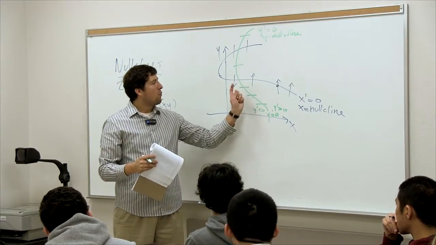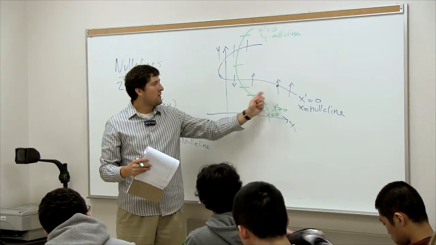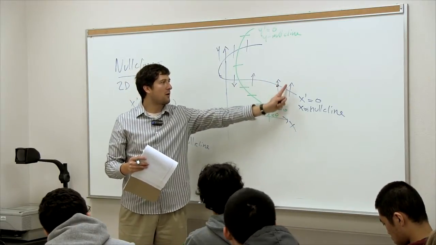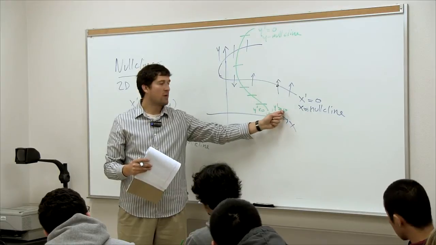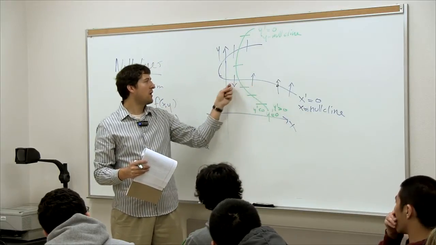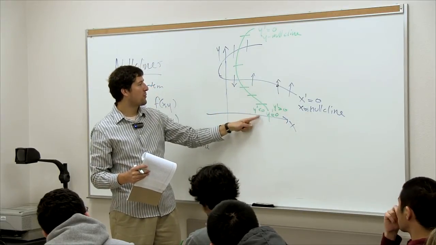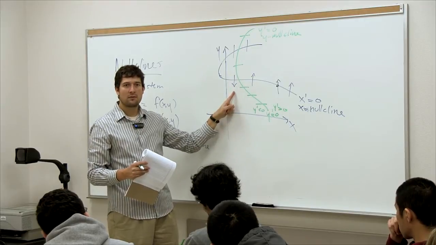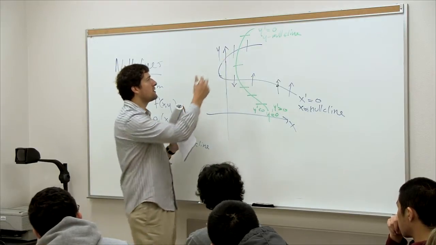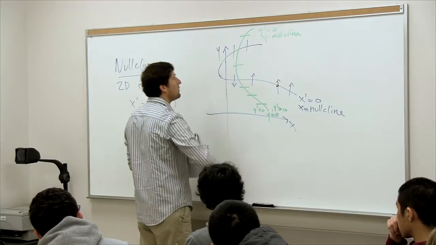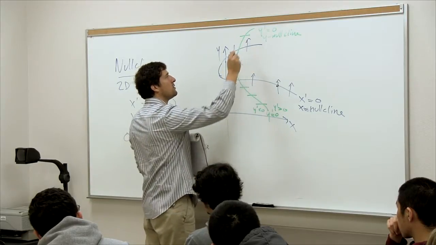So whenever you are on this side of the green line, the vectors are growing up because y prime is positive. And as soon as you cross it, you're in the regime where y prime is negative, so you're going down. And similarly, this is going down, and this is going up.